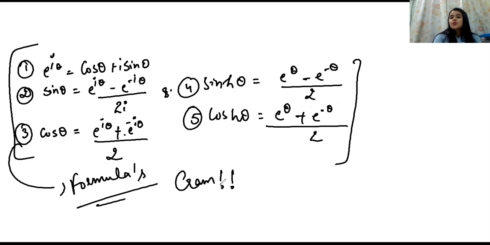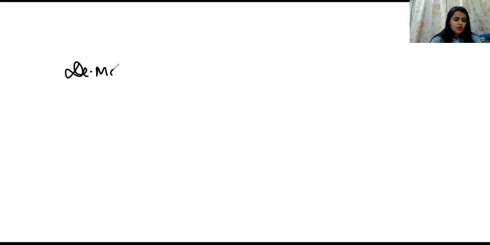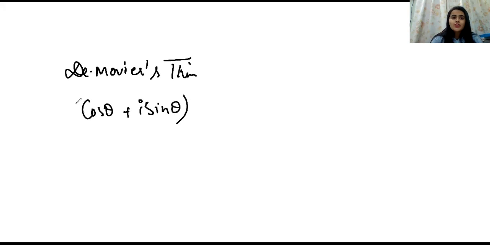Okay, now the next very important thing for solving complex functions is de Moivre's theorem. So, what is de Moivre's theorem? We know that cos theta plus iota sine theta, raised to power n. We have the function cos theta plus iota sine theta, that means e raised to power iota theta, to the power n.